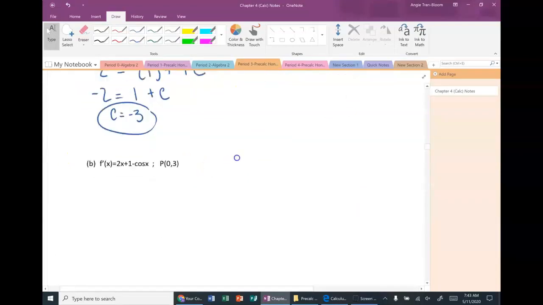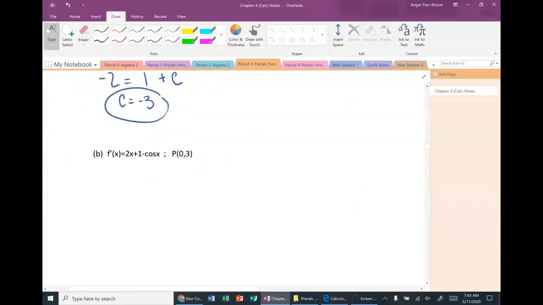Similarly, we want to go backwards. So let's find f of x. Well, 2x, to go backwards, we're going to add an exponent. So x, currently the exponent is 1, so I want x to the 1 power plus 1, so that will give me 2. Now I have to think about the leading coefficient in the front of that.